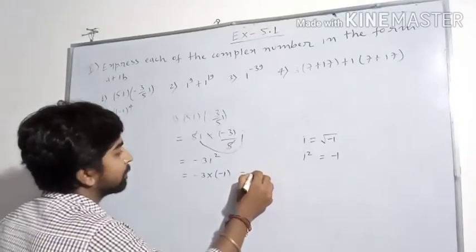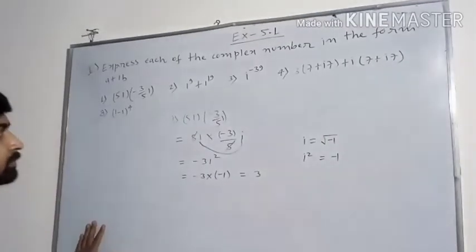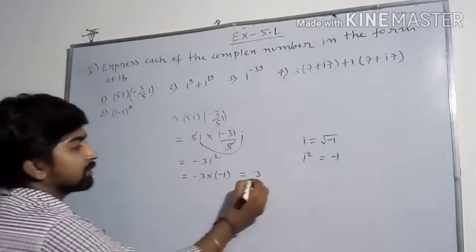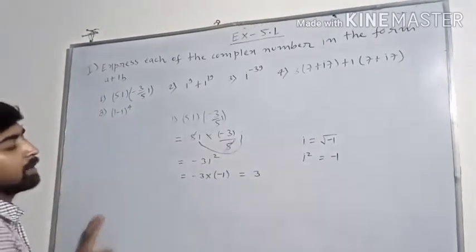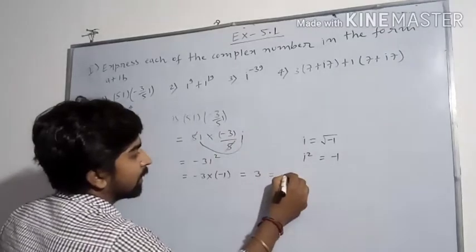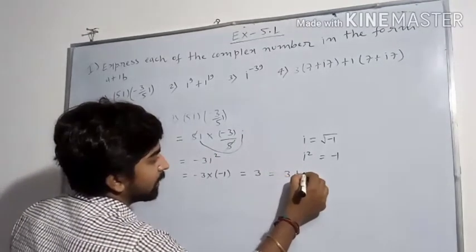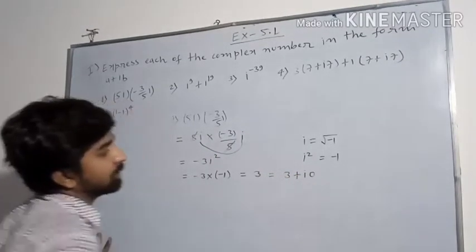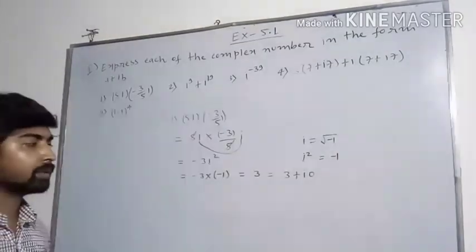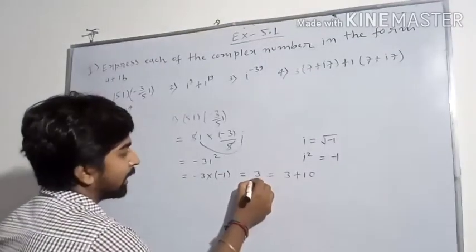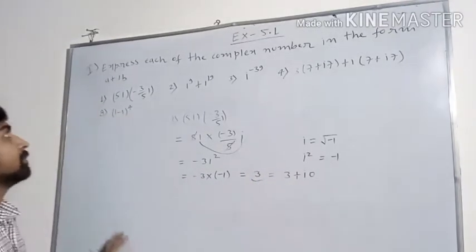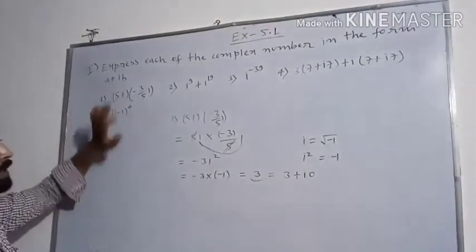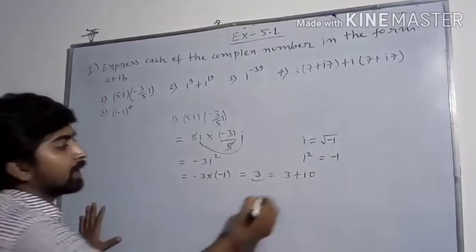equals plus 3, and we can write this number 3 in the form a plus ib as 3 plus i0. Here 3 is a purely real number, so we can express it in the form a plus ib.